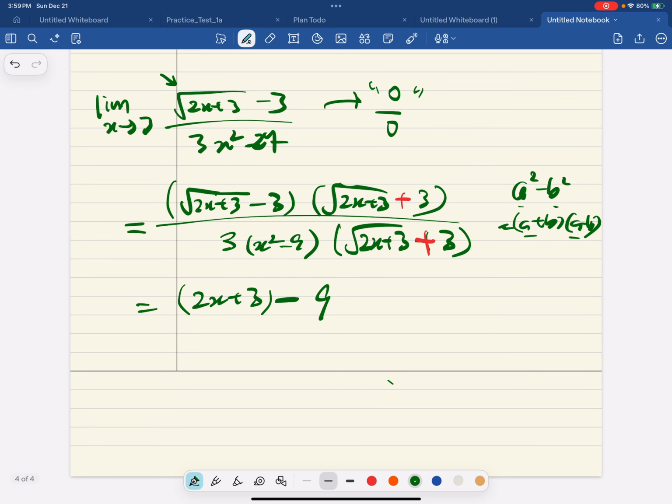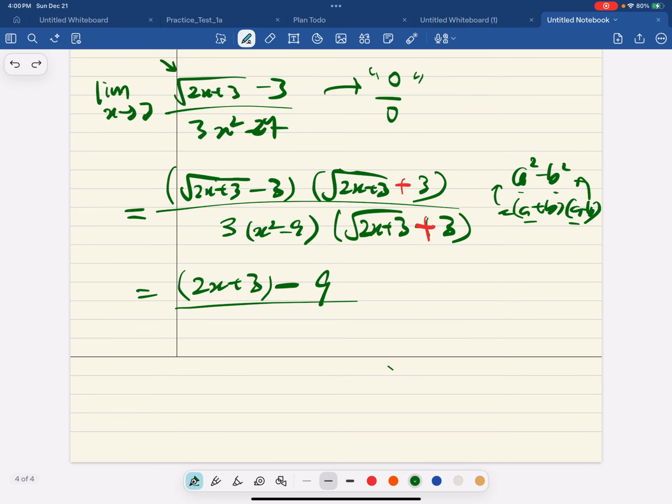If you do the opposite, a plus b and a minus b multiplied will give a squared minus b squared. So this is a squared, and this is b squared, which gives that. Squaring is just taking away the root, and that's what we want. We don't want the root because we want things to look nicer, and I'll tell you, calculus looks really nice because everything just cleans up.